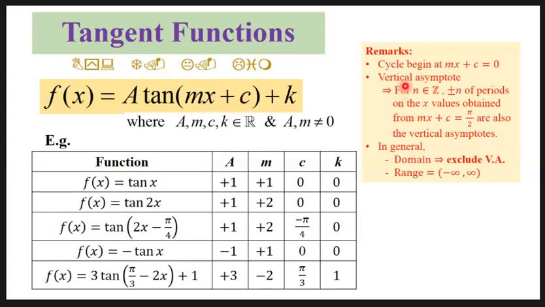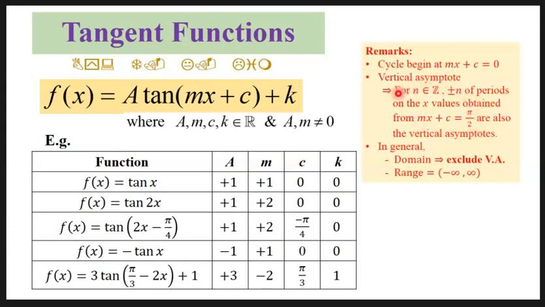Next, in the graph of tangent functions, it's important to note that it has vertical asymptotes. The vertical asymptotes are obtained from plus or minus n periods, where n is an integer, added to the x value obtained from mx + c = π/2.